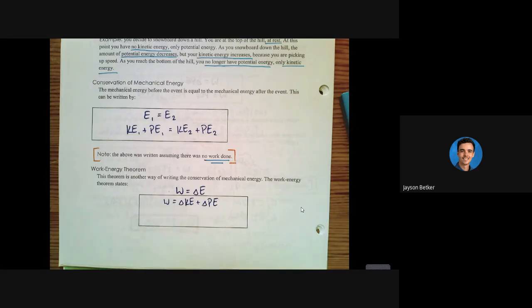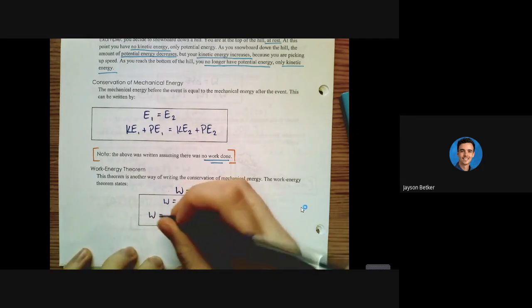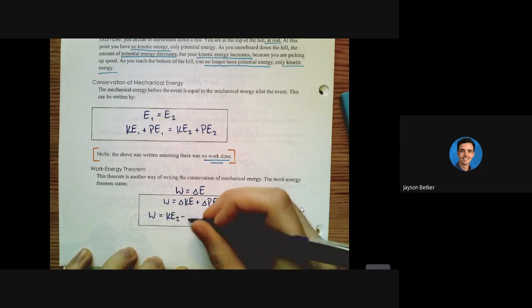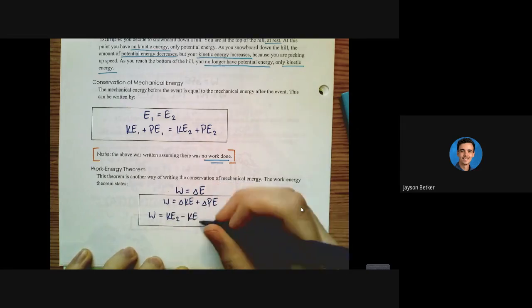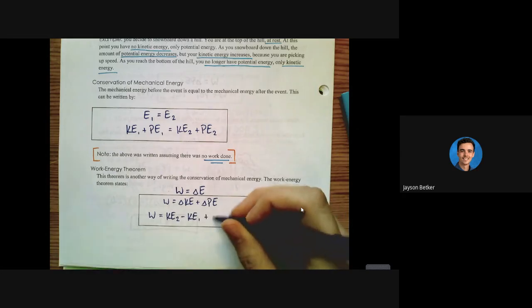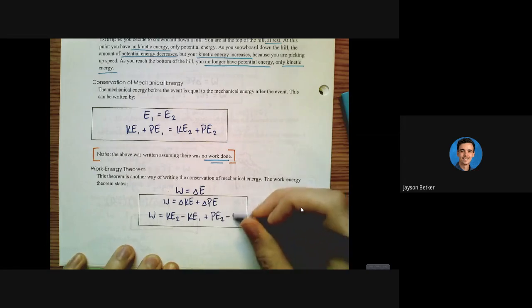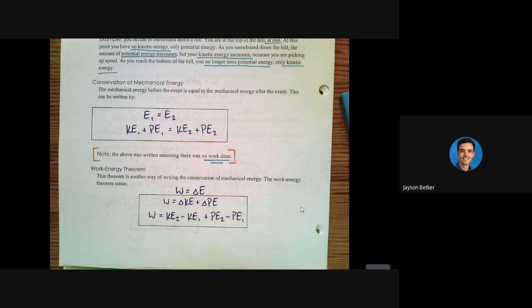If I want to write out that change in kinetic energy and that change in potential energy, I get that work is equal to the final kinetic energy, KE2, minus the initial kinetic energy, KE1, plus the final potential energy, PE2, minus the initial potential energy, PE1. So all of a sudden our formula looks like W equals KE2 minus KE1 plus PE2 minus PE1. And this all just stems from the fact that work is equal to the change in energy.